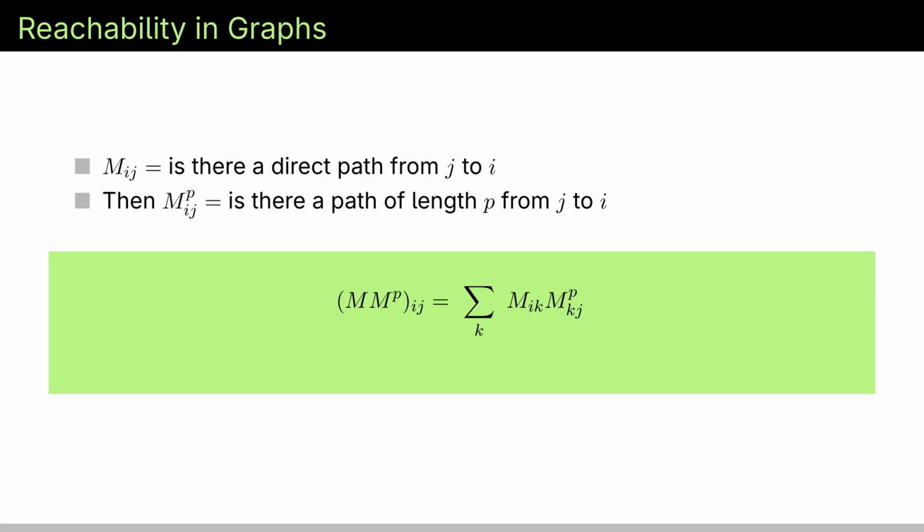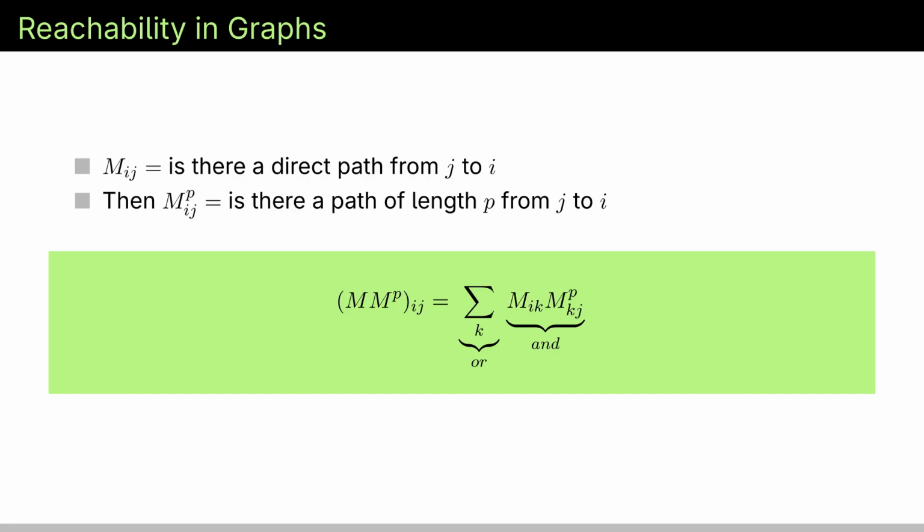With these new scalars, our path counting becomes "is there a path," with 0 for false and 1 for true. And if we look at our matrix multiplication formula, there is a path of length p plus 1 from j to i if there is some k, so we're going to OR over all possible k, we're going to sum over all possible k, such that there's a path of length p from j to k, and, that is multiplication, an edge from k to i.